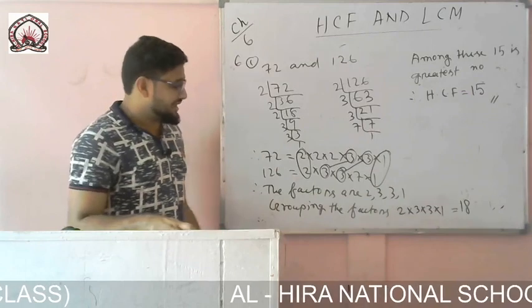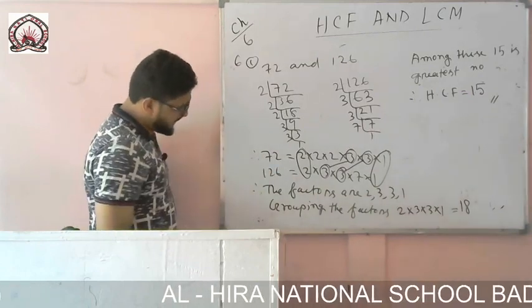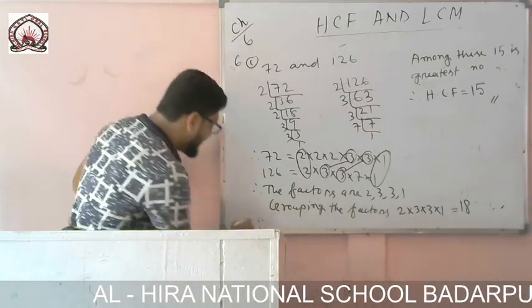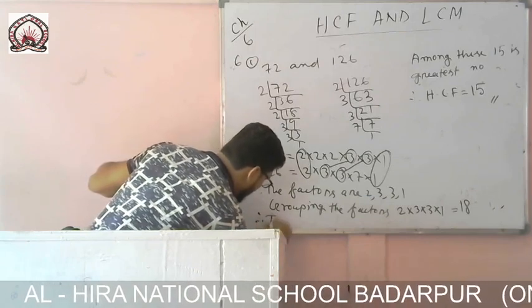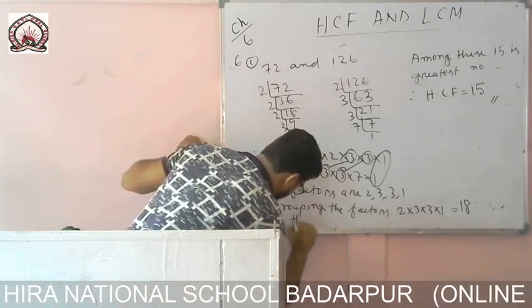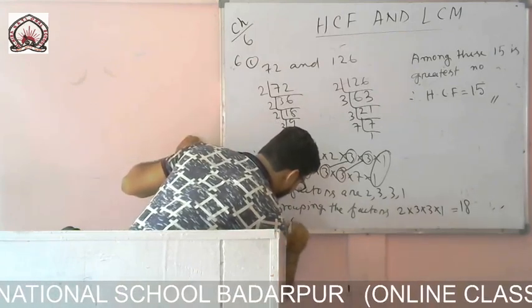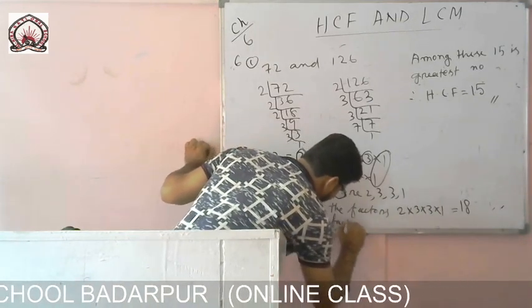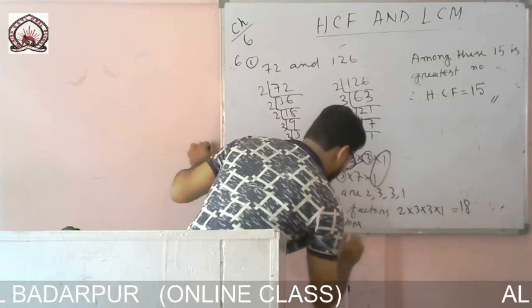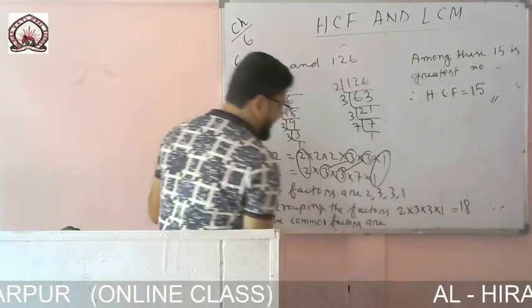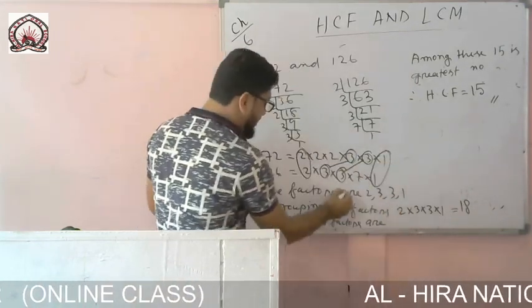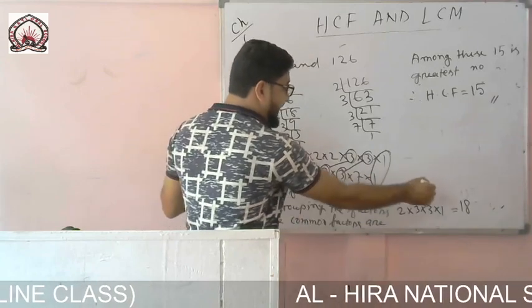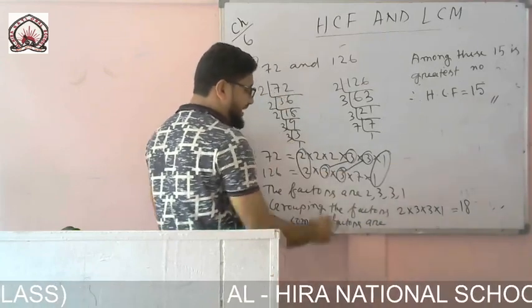Okay, now write, therefore the common factors are 1, 2, 3, 3 and 18. By grouping another factor we got 18.